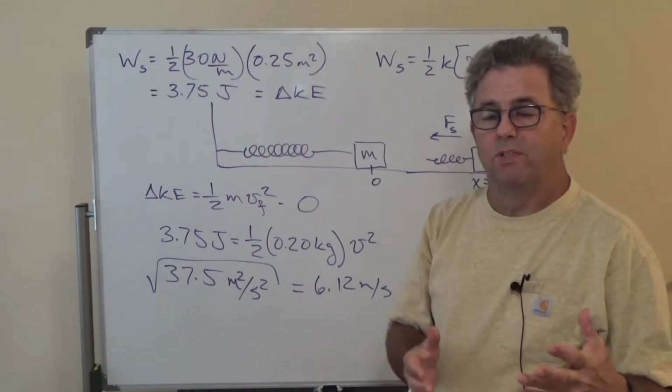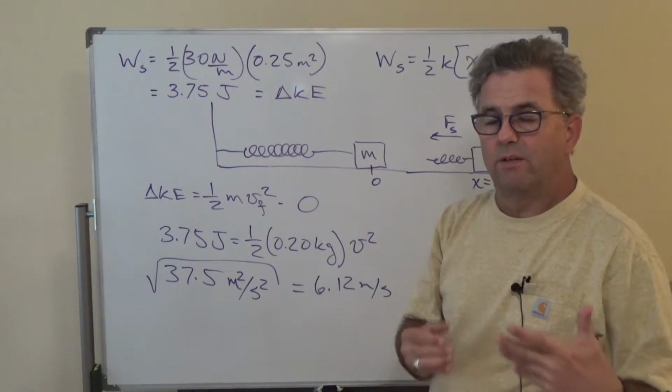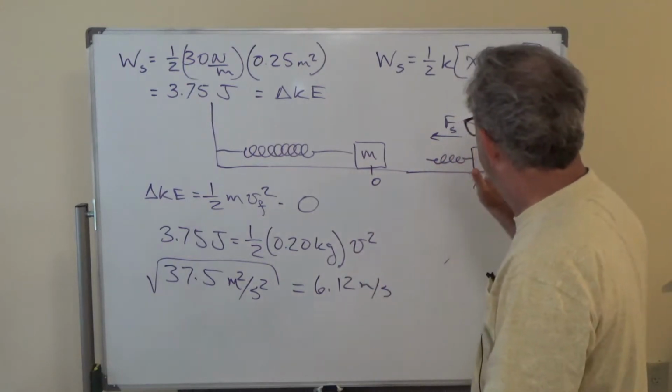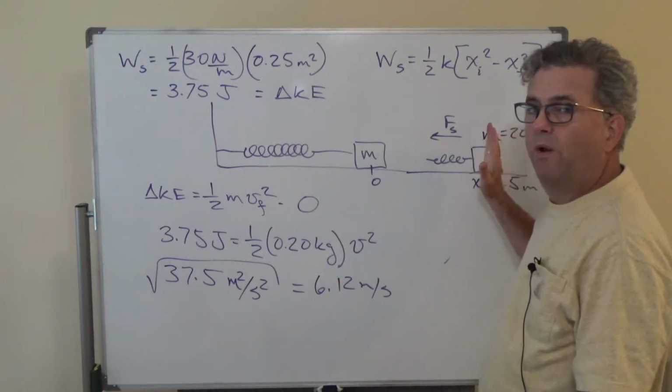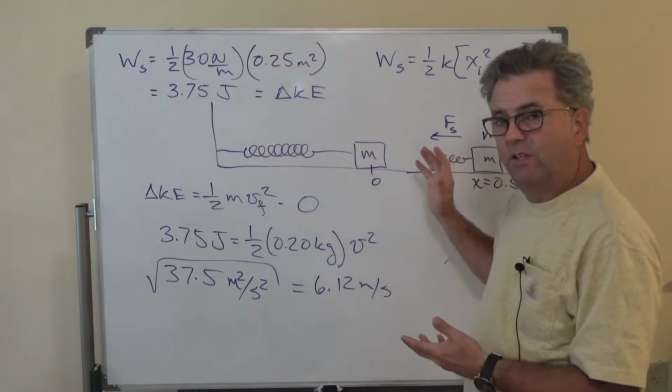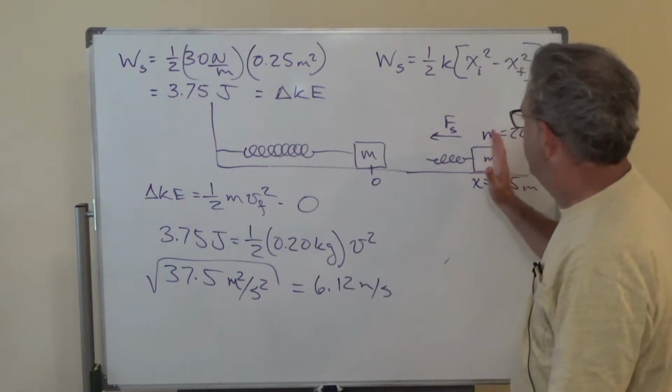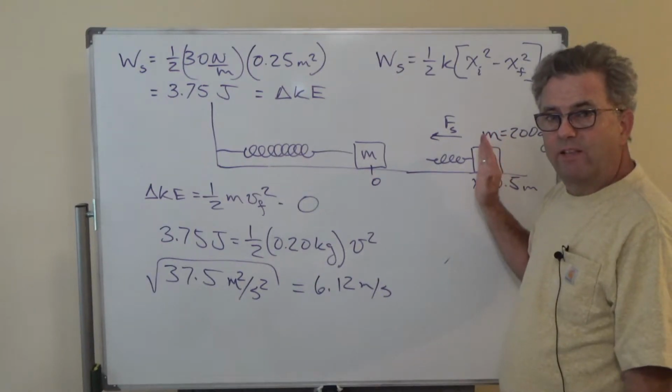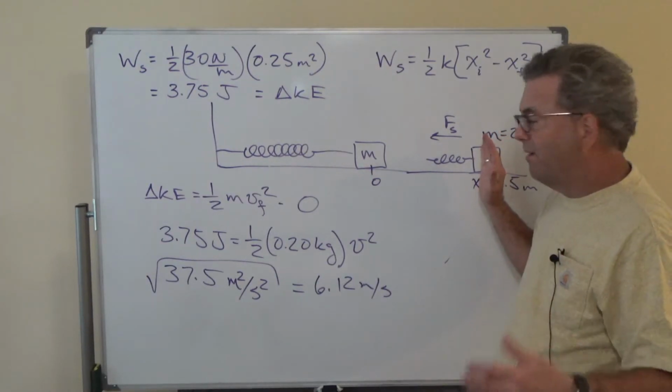This is what happens in harmonic oscillators, simple harmonic motion. The spring gets out here to the point where the work done by the spring equals the initial amount of energy given to the system.